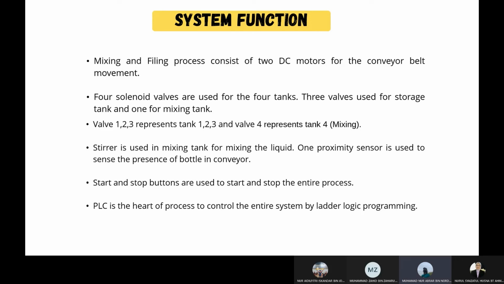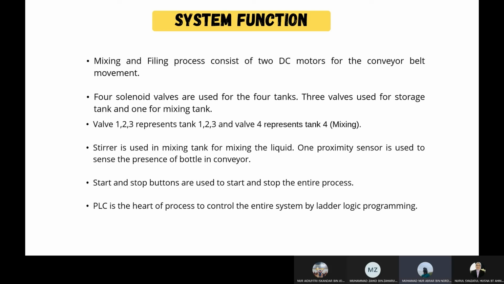Alright, right now I will be explaining how the system functions. First, the mixing and filling process consists of 2 DC motors for the conveyor belt movement. After that, 4 solenoid valves are used for the 4 tanks, 3 valves for the storage tanks and 1 for the mixing tank.